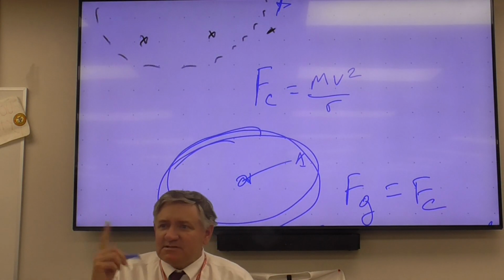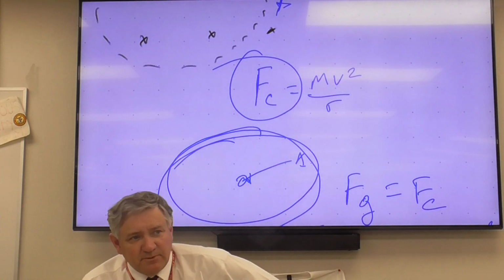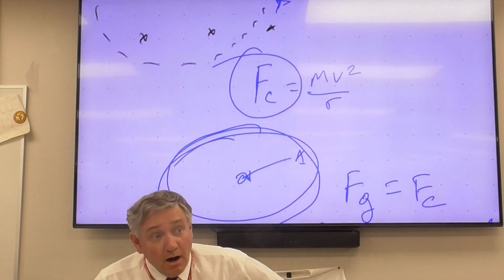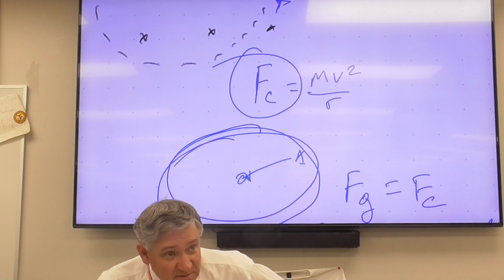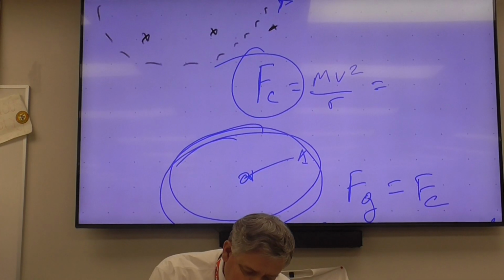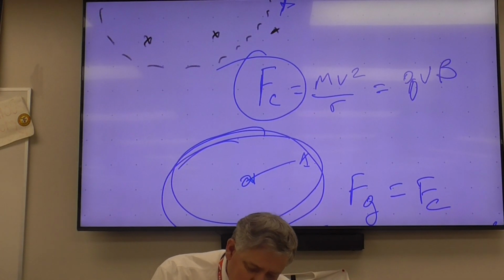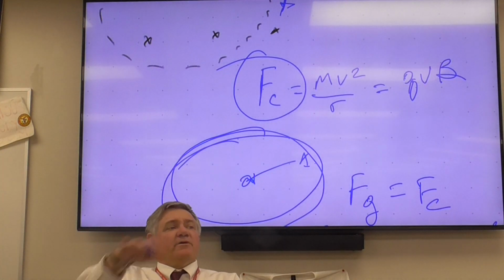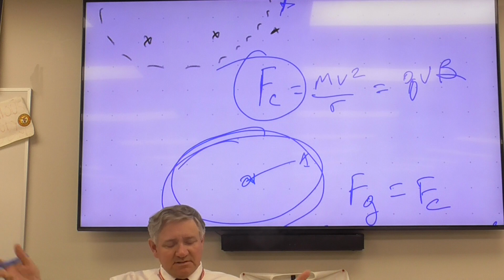So if you're going to have this thing move in a circular path, what's going to create the centripetal force? The magnetic force, right? Which is going to be qvB. So we're always going to assume that it's at a 90-degree angle, so we don't have to worry about the sine theta part of this.